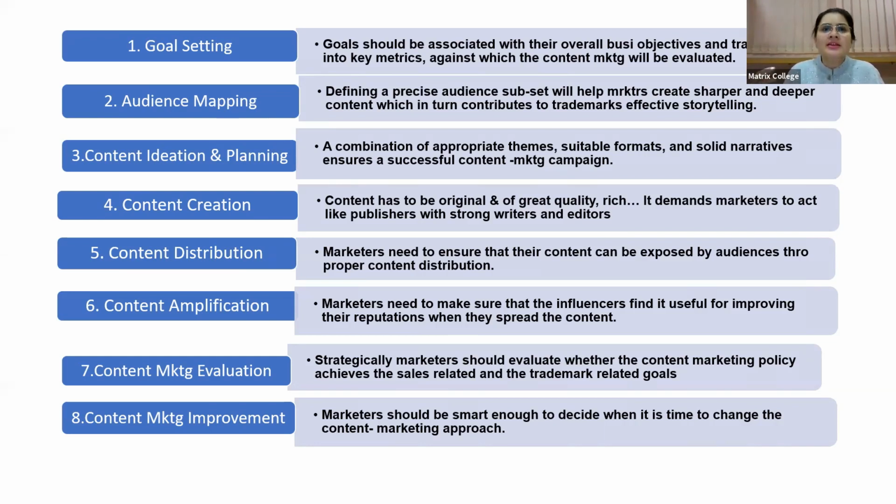So marketers need to ensure that their content can be exposed to the audience through proper content distribution. It is important because you have so much data. A sea of contents is there, and the chances are there that it can get lost. So the marketers have to be very careful.